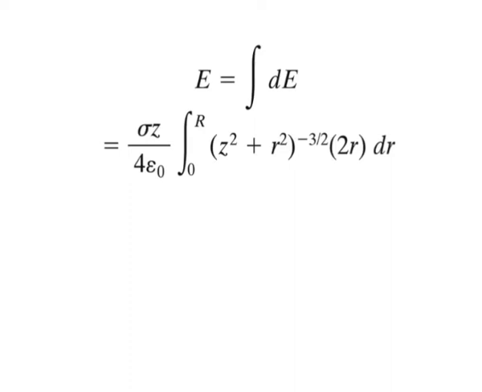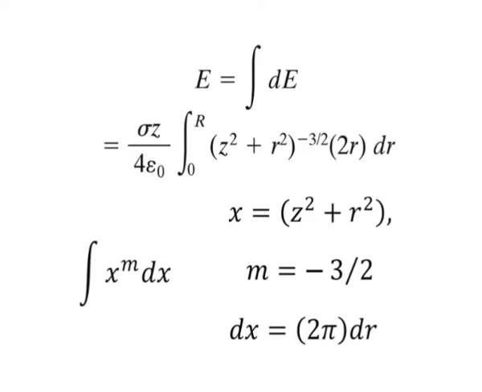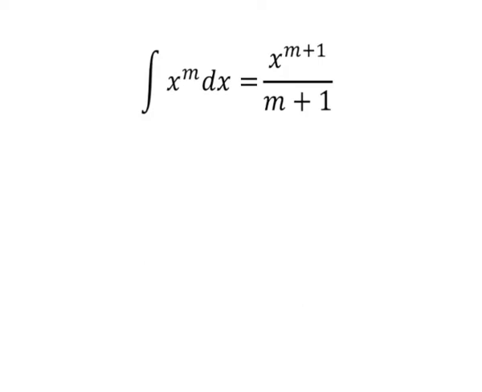To solve this integral, we cast it in the form integral of x to the power m dx by setting x is equal to z square plus r square, m is equal to minus 3 by 2, and dx is equal to 2r dr. For this recast integral, we have integral of x to the power m dx is equal to x to the power m plus 1 over m plus 1.